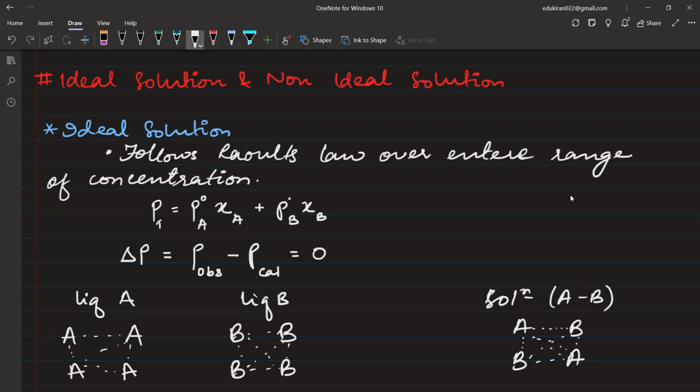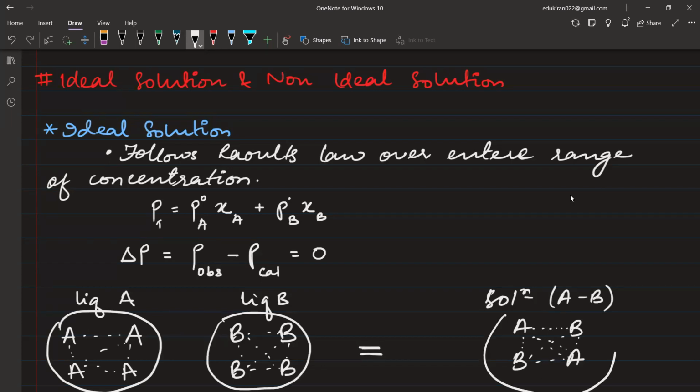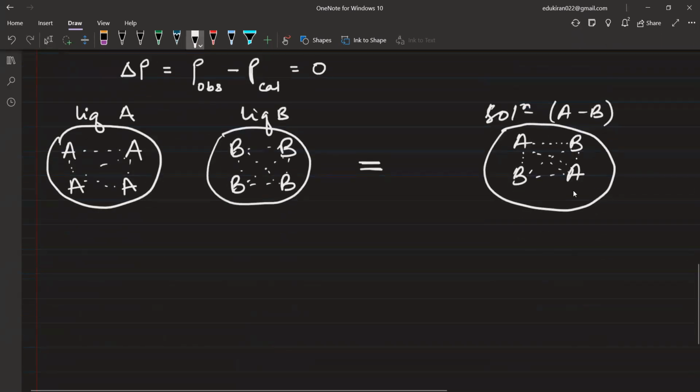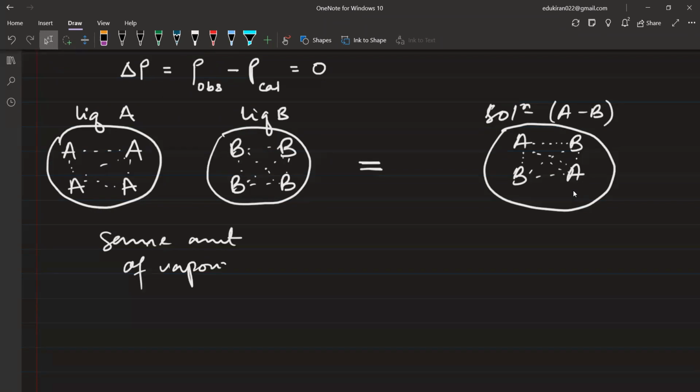The vapor pressures will only be the same if the molecular interaction in the pure component is the same as the intermolecular forces of attraction in the solution. Why? Because if it is the same, then the same amount of vapors will be formed.